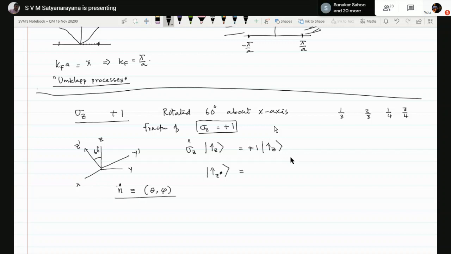Now you can write sigma dot n cap, let's call that sigma n.